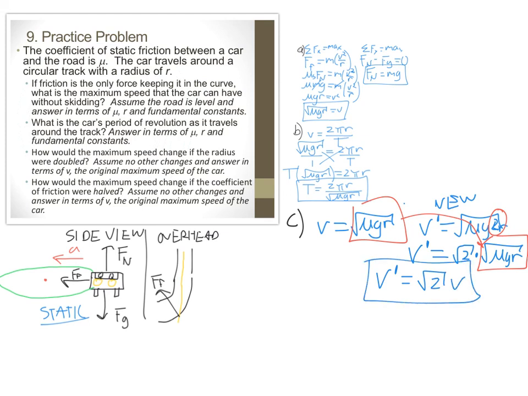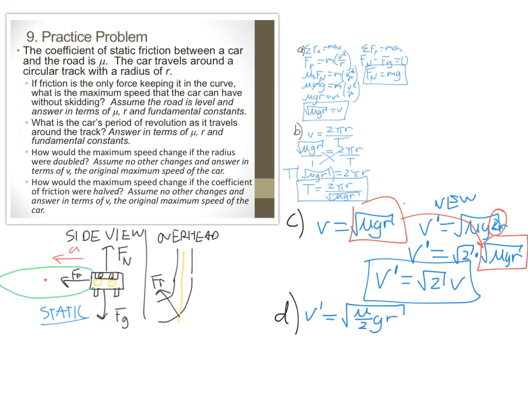Same situation for D, we're looking for our new velocity v prime when our coefficient of friction is cut in half. So v prime is going to be the square root of mu over 2 times gr.